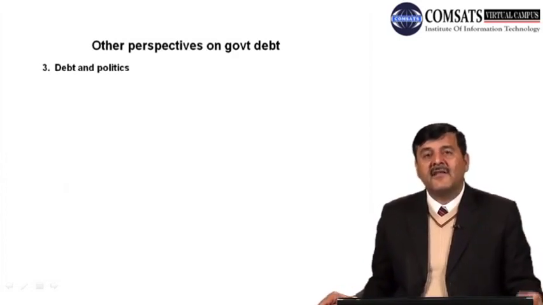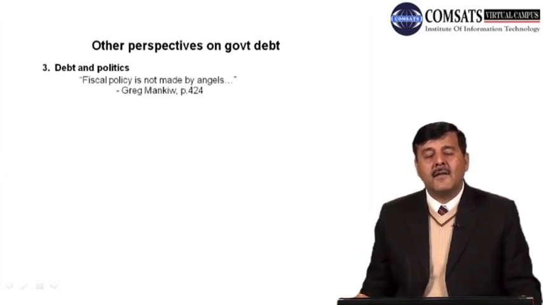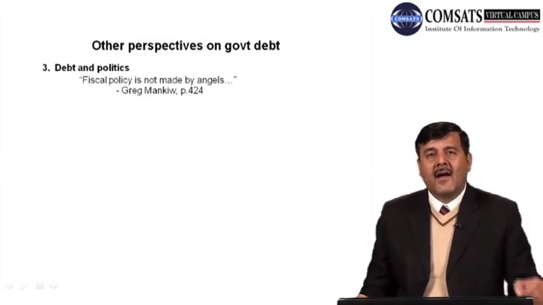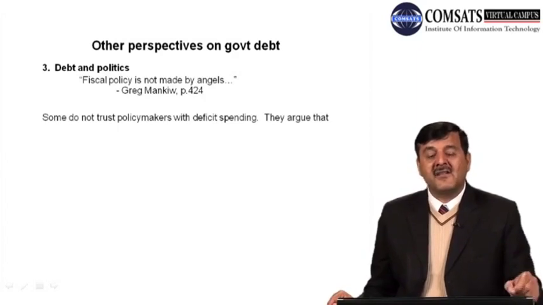The third is about debt and politics. Fiscal policy is not made by angels. It is made by policymakers, as we studied, given by Mankiw on page 424. Right? So some do not trust policymakers with deficit spending.